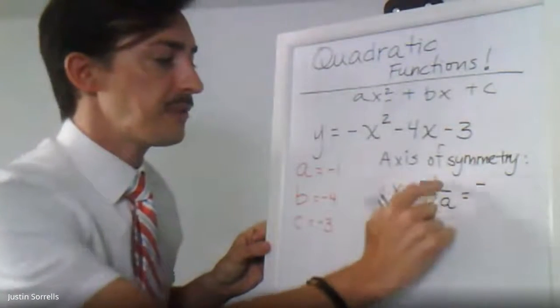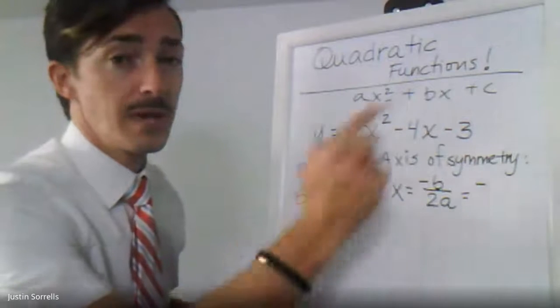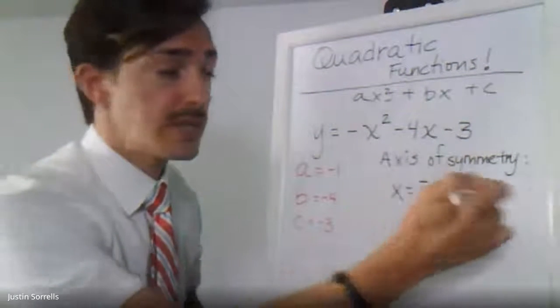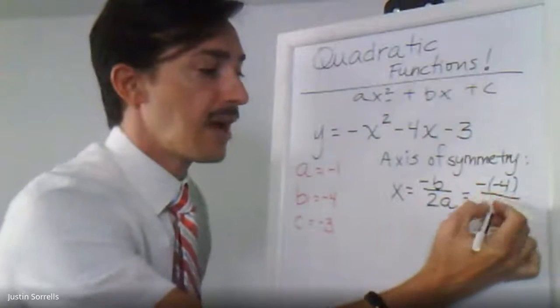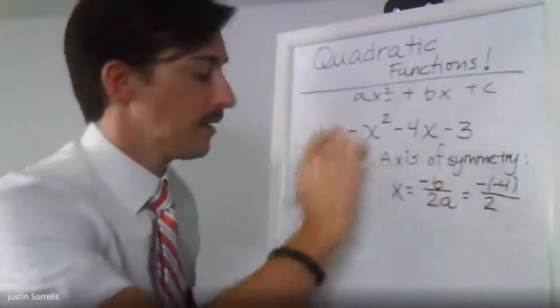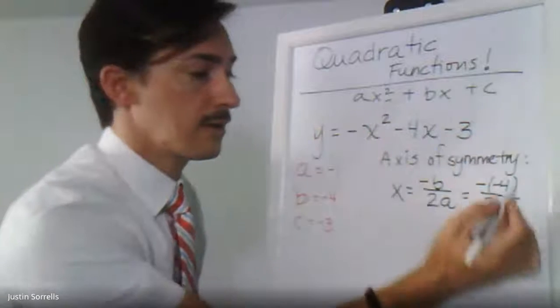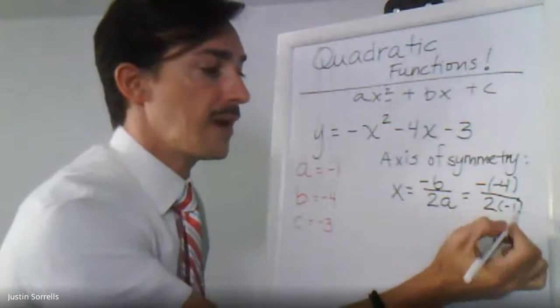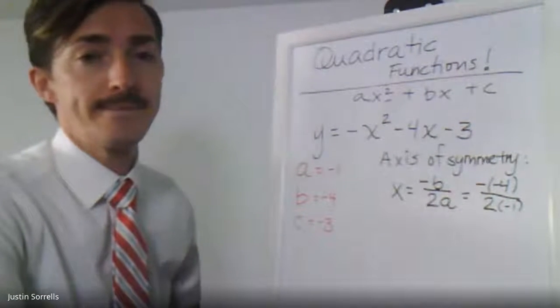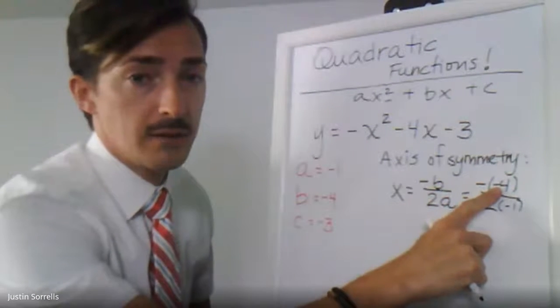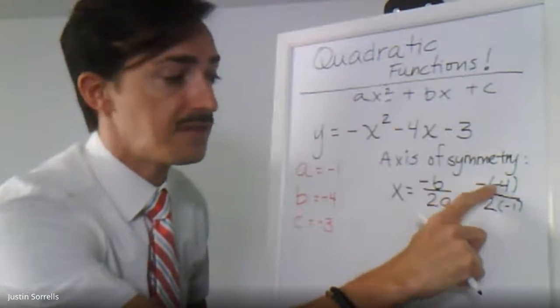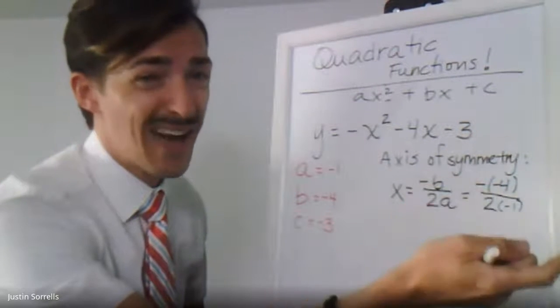Negative b, here we have negative 4. This is different, I'm going to show you this time. So negative negative 4 divided by 2 times a, and a is negative 1. So 2 times negative 1, okay? Now notice there's a negative and a negative here next to the 4. A negative times a negative becomes a positive.